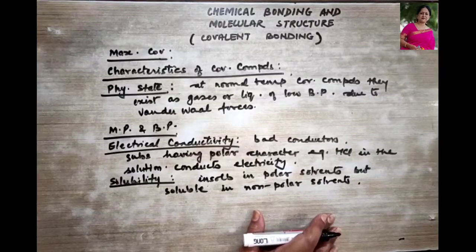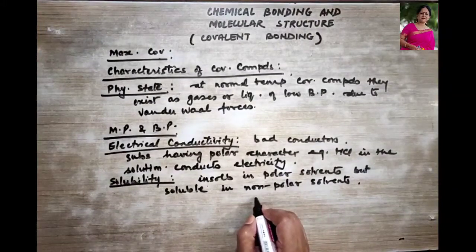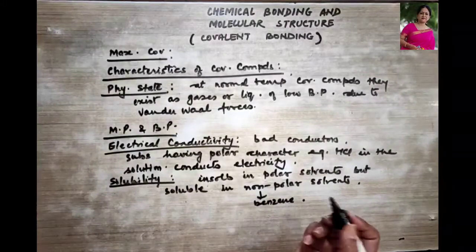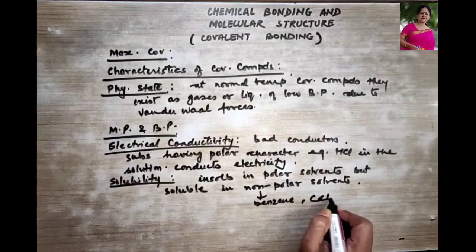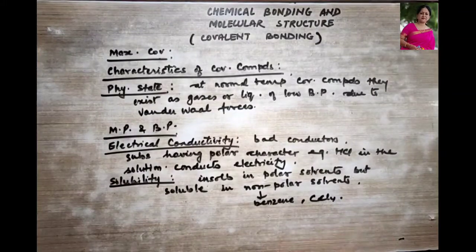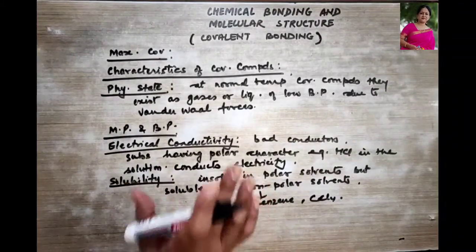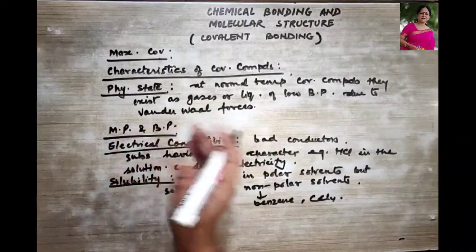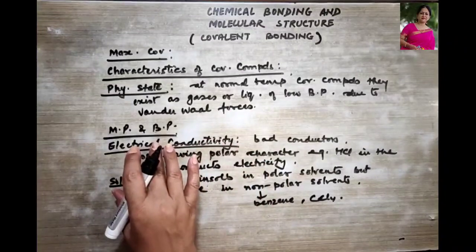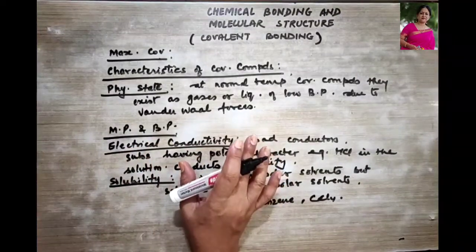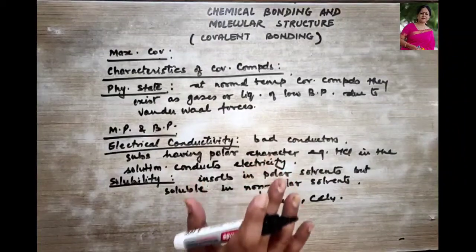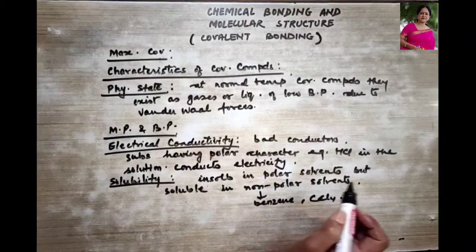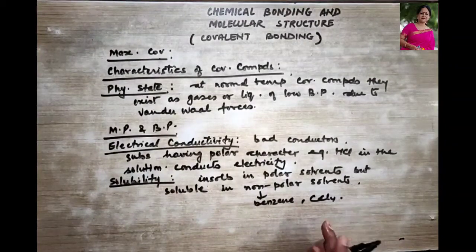What do I mean by non-polar solvents? I mean benzene, carbon tetrachloride, CCl4, and so on. Their principle is based on like dissolves like. Some covalent compounds like alcohols dissolve in water due to hydrogen bonding, remember. But covalent solids, since they have giant molecules, are practically insoluble in polar solvents, right?